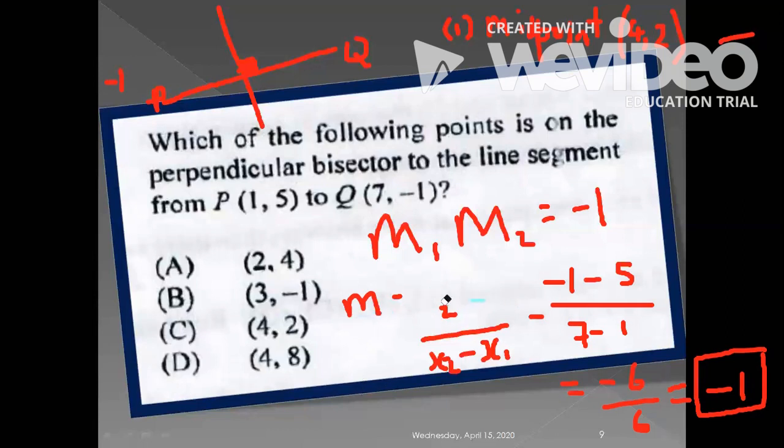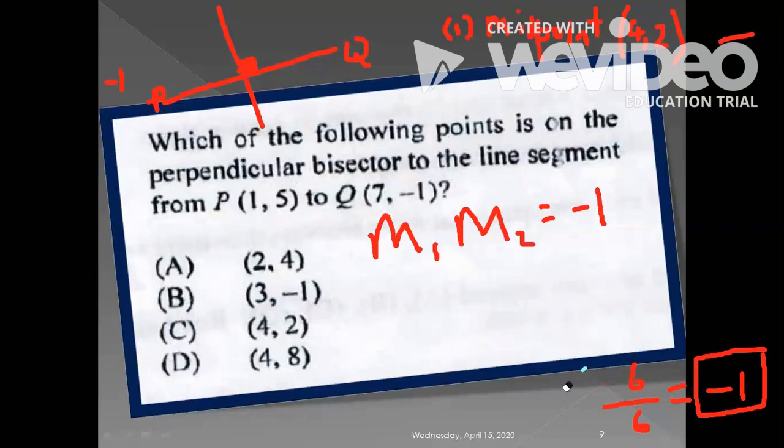But what we're going to do eventually is find the equation of the line, the perpendicular bisector. So we need to find the equation of this line here. Earlier on, I said that when two lines are perpendicular and you multiply the gradients, you get -1.